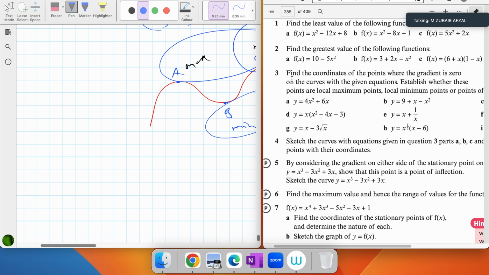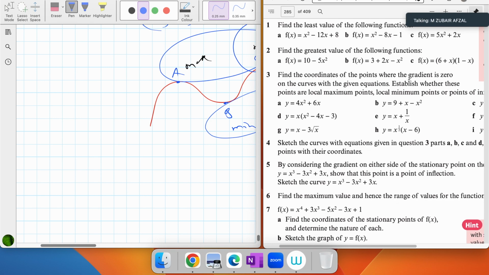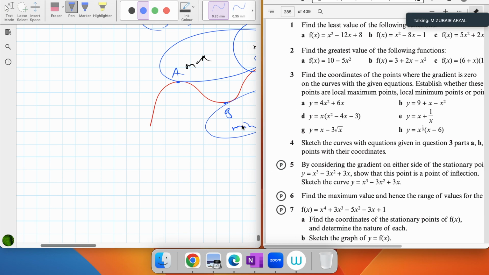Okay, let's solve first. Find the coordinates of the point where the gradient is 0 on the curves with the given equations. Establish whether these points are local maximum or local minimum points. If I start with question number 3a, we already know it is a quadratic equation, y equals 4x squared plus 6x.